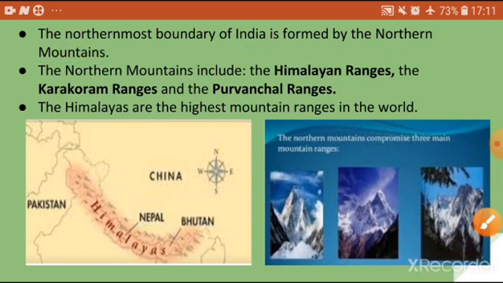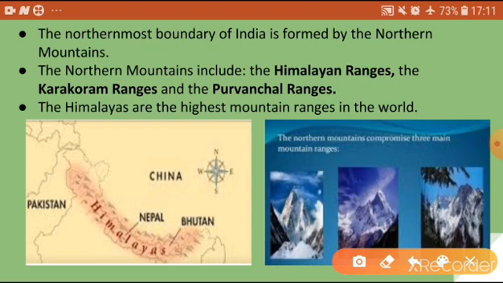The northern mountains include, so here in the north side of our country we have northern mountains. So in these northern mountains we have the Himalayan ranges, the Karakoram ranges, and the Purvanchal ranges.